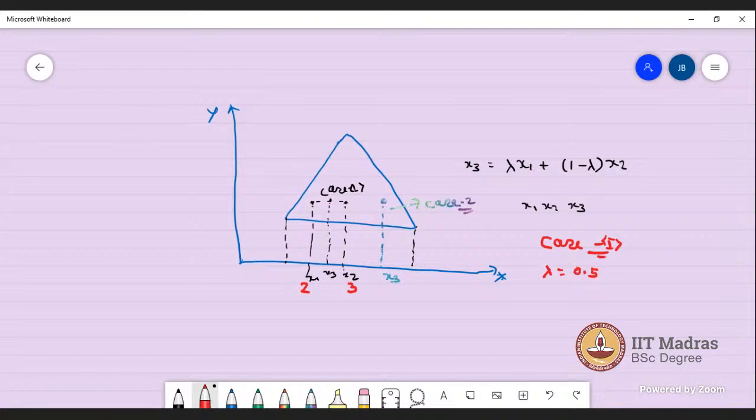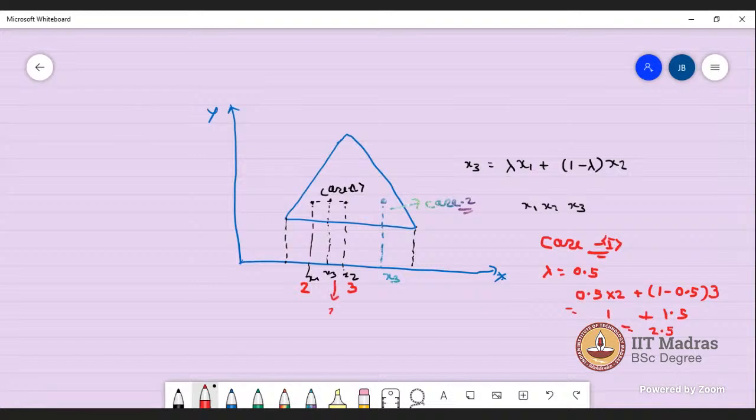If lambda is 0.5, then 0.5 into 2 plus 1 minus 0.5 into 3, so it should be 1 plus 1.5, which is 2.5.